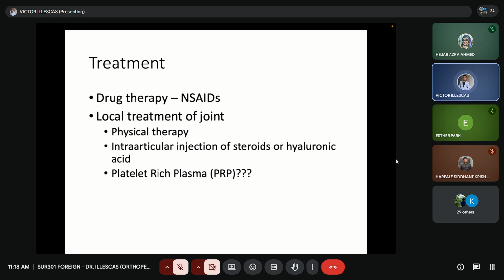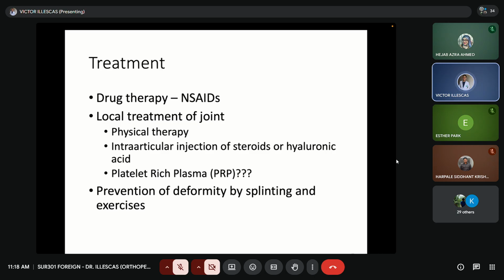You may also inject steroids to decrease the pain and hyaluronic acid to provide lubrication over the degenerative joint. Platelet-rich plasma and stem cells are still questionable. Latest evidence will show that PRP and stem cell will not provide additional benefit for the patient.